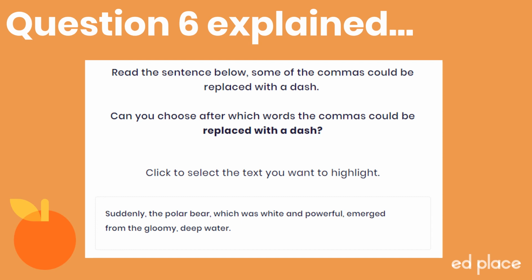It cannot be the other 2 commas because the first one, used after suddenly, is there because suddenly is a fronted adverbial, and the last one, between gloomy and deep, is there to break up a list of adjectives. I now know that I need to click the words bear and powerful to show these commas can be replaced by dashes.